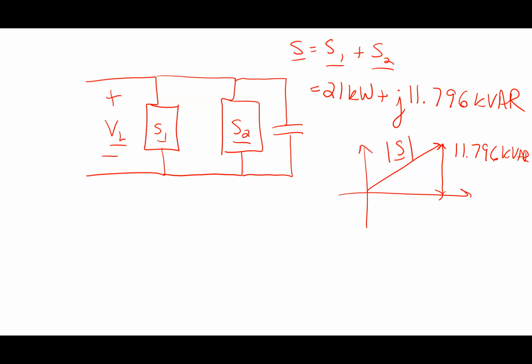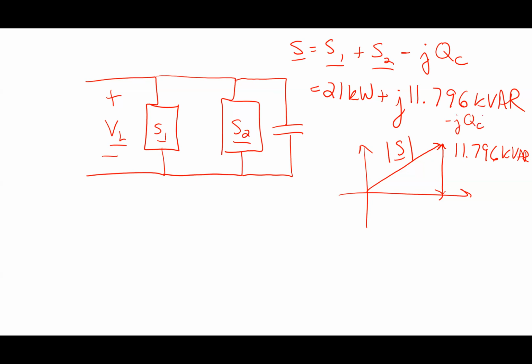Now, what's true about a capacitor? If I drew its power triangle for a capacitive load, what quadrant is that in? The fourth, right? So if I put the capacitor in there, the total power would be this minus negative j Q capacitor, so that turns this into whatever that is.